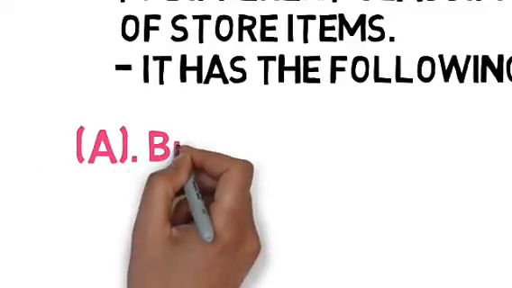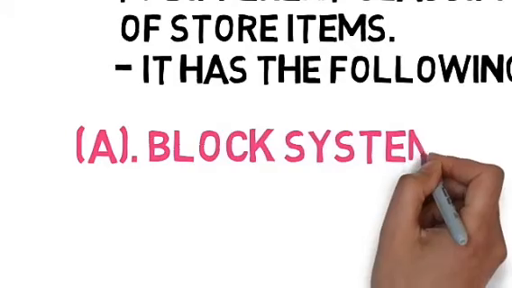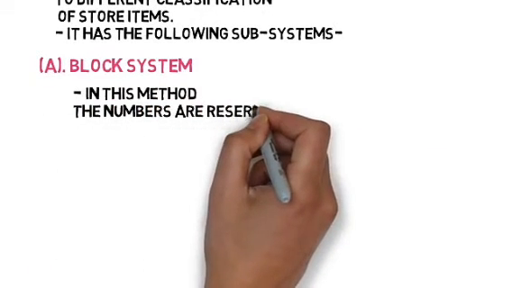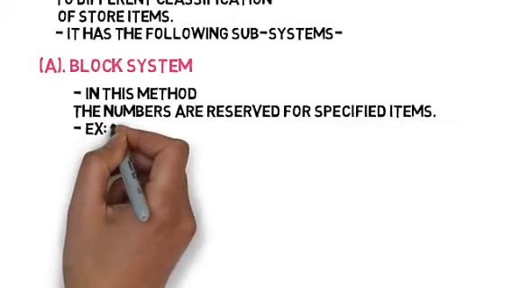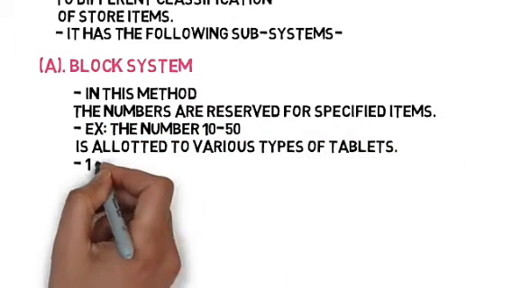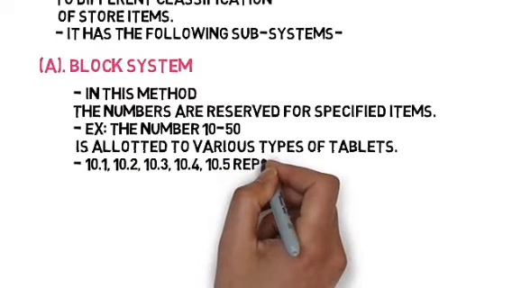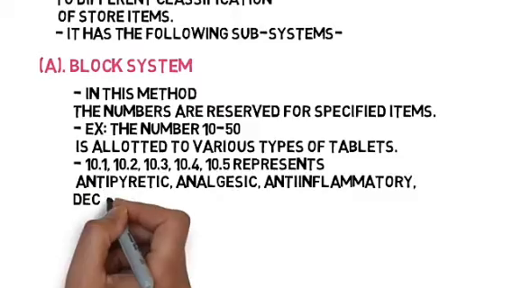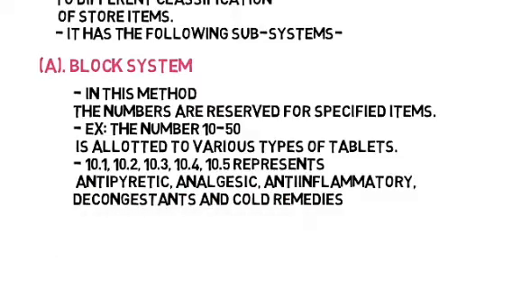In that, first method, A, is block system. In this method, the numbers are reserved for specified items. Example, numbers 10 to 50 are allotted to various types of tablets. 10.1 to 10.5 represent antibiotic, analgesic, anti-inflammatory, decongestant and cold remedies.